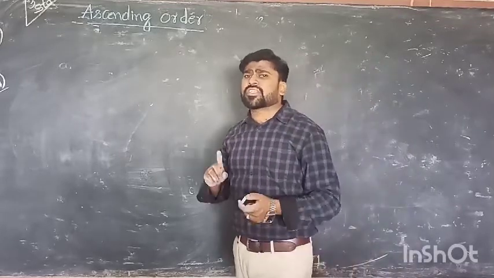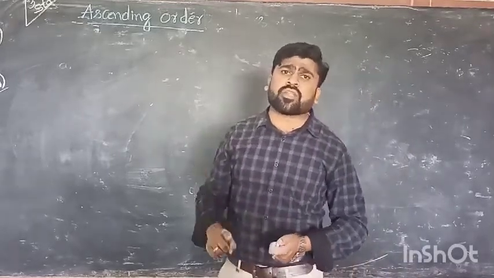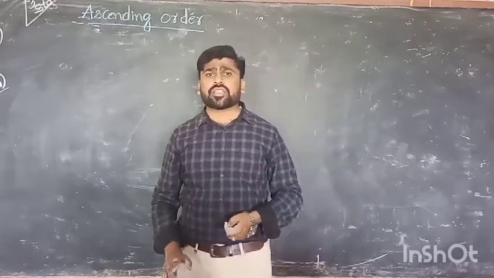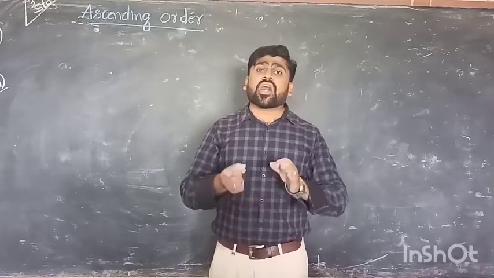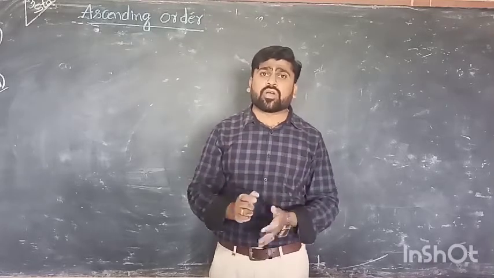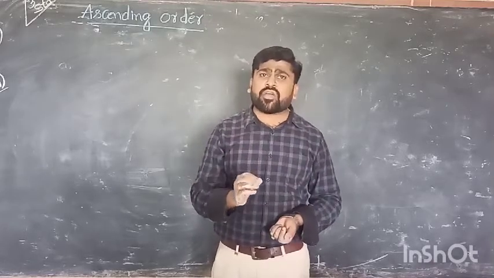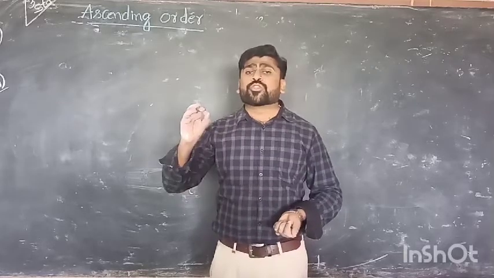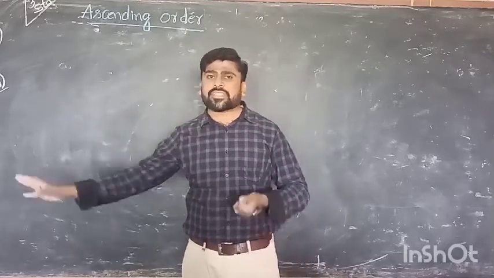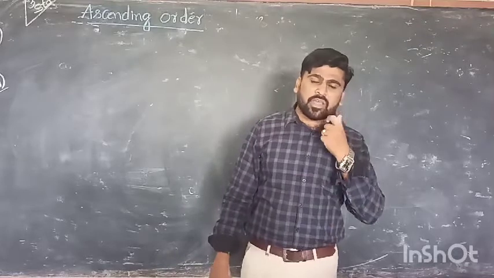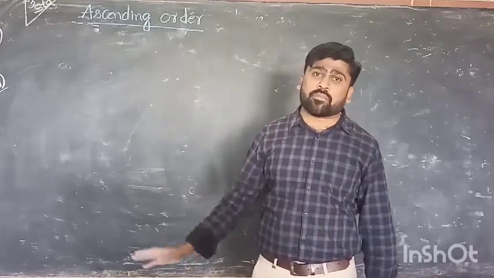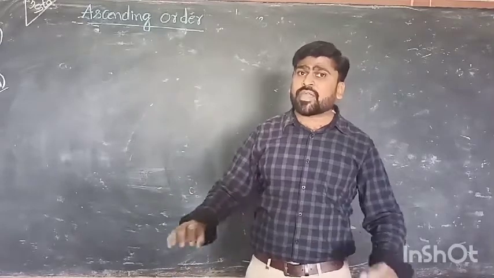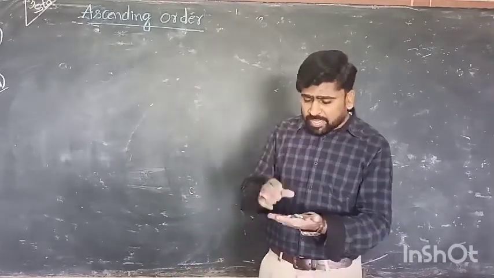Now this is the first type of arrangement of numbers, that is ascending order. Then what is ascending order? The ascending order is nothing but arrangement of numbers according to smallest to greatest number. Clear? That arrangement is called ascending order.